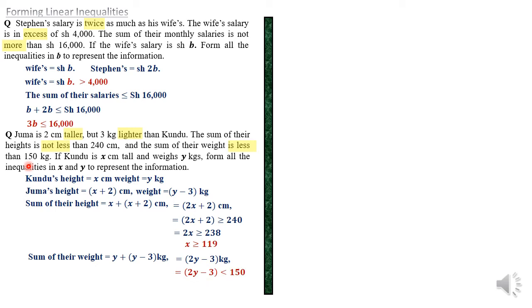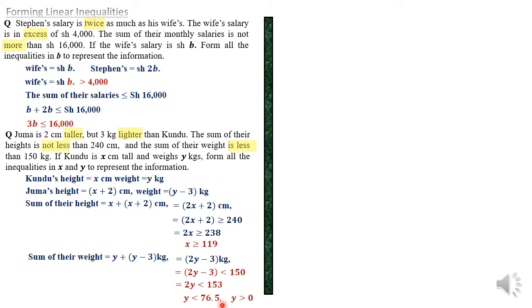Therefore, we're going to say this sum here is strictly less than 150. It's not equal to 150, it's strictly less than that. And therefore, we're going to have 2Y minus 3 is less than 150. Simplifying that, you get 2Y is less than 153, because I just took 3 to the other side. Then divide by 2, you get Y is less than 76.5 kilograms.